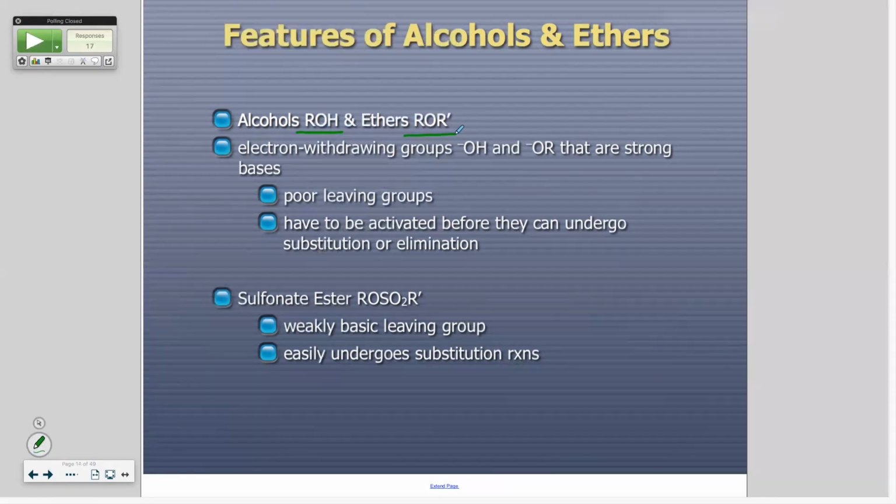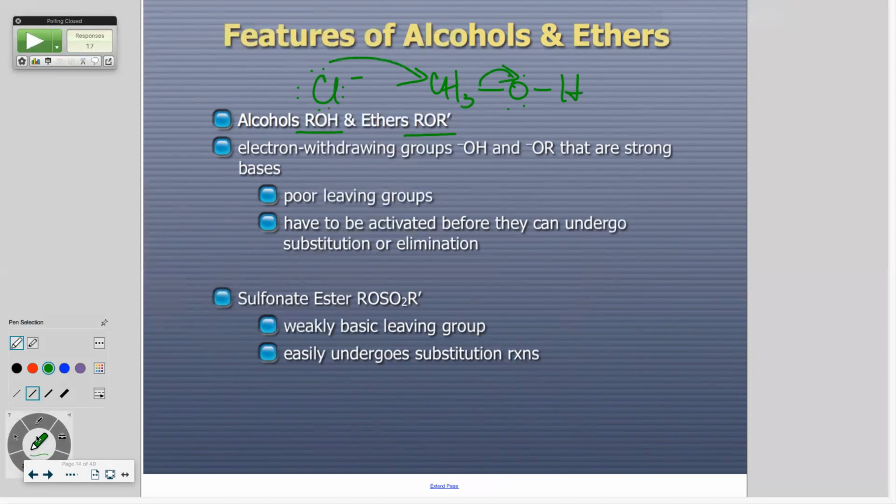Okay. Alcohols and ethers have groups that are strong bases. Remember that strong bases are poor leaving groups. So, for example, if you have this for an example, and you add Cl minus, you may want to do this, okay? But that is not good, all right? Because OH minus is a poor, rotten, crummy, lousy leaving group.